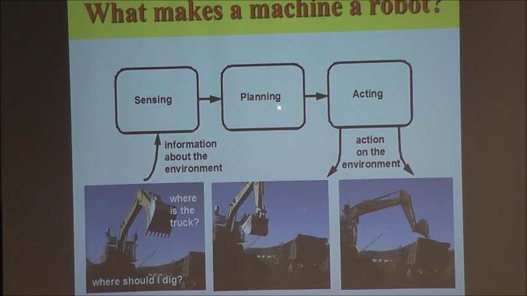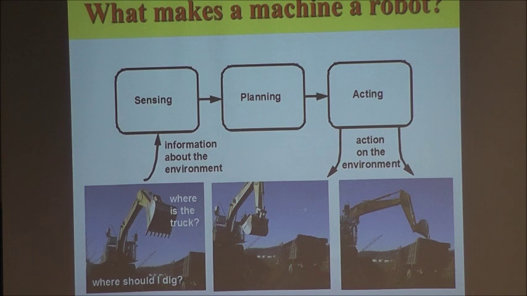So then the driver has to plan where to dig and know where the location of the truck is, and finally does the action. You act on the environment and lift a big chunk of dirt and put it into the truck.